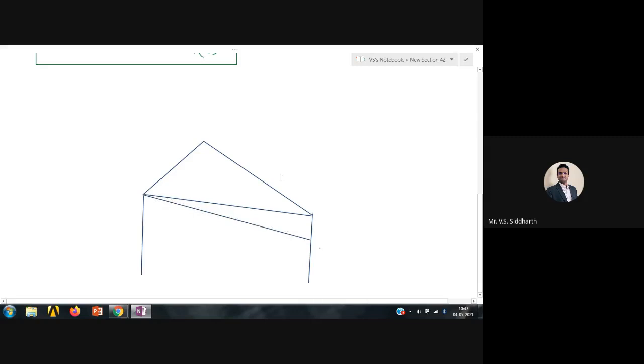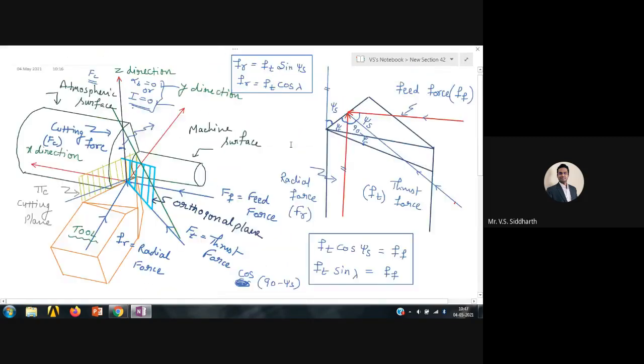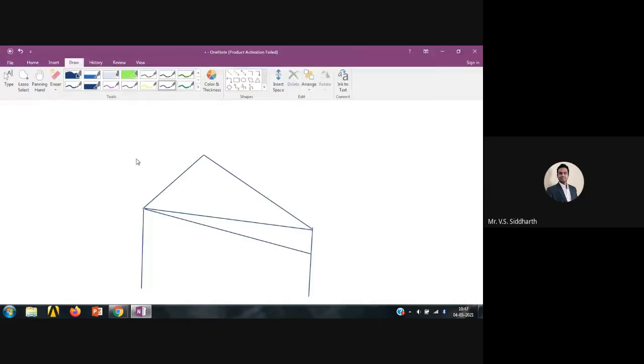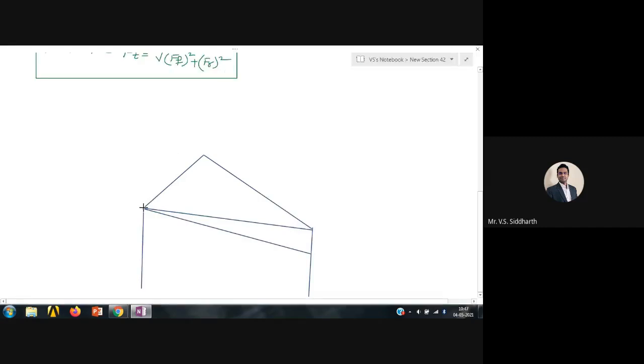See, this is the top view of the tool. This is my psi s angle.